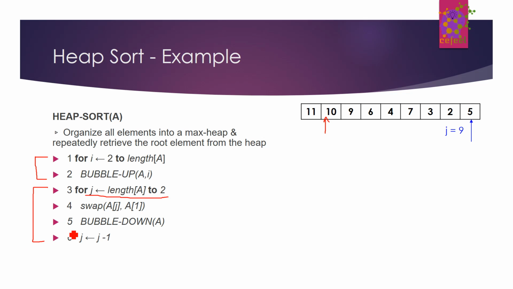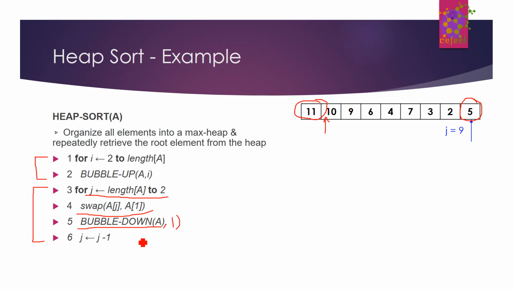And what we do, we compare A[j] with A[1], which means the first element is always swapped with A[j], and then we do a bubble down of A[1], if you have seen the bubble down algorithm, because there were two bubble down algorithms we had.